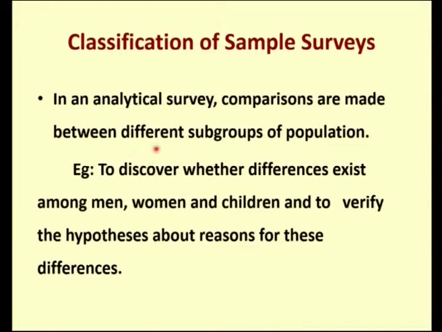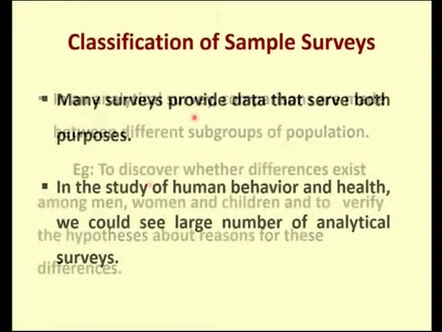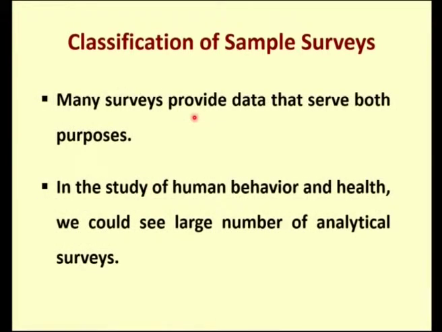The example is to discover whether differences exist among men, women and children, and to verify the hypothesis about the reasons for these differences. So, this is the analytical survey, and many surveys provide data that serve both purposes, but in the study of human behavior and health we see a large number of analytical surveys.